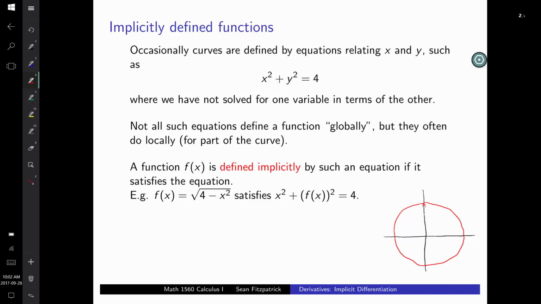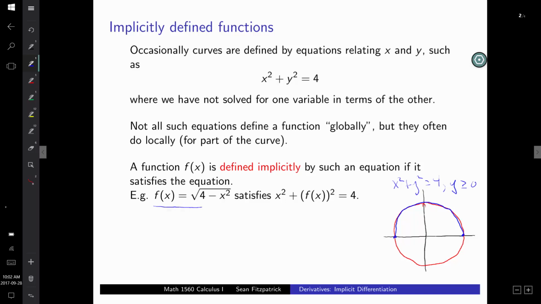But of course there are pieces of the circle that work. If I take x squared plus y squared equals 4, and I require that y is bigger than or equal to 0, then I do get a function.